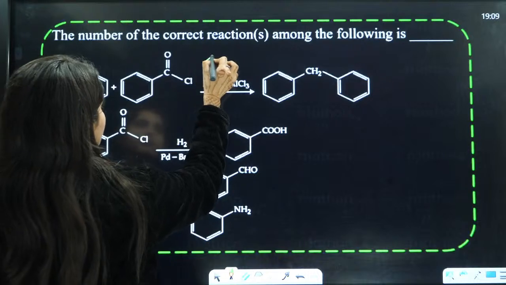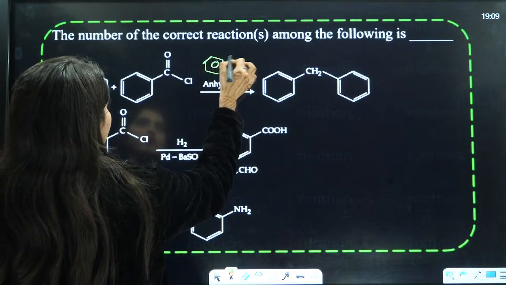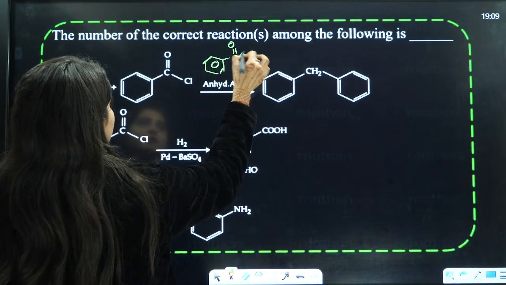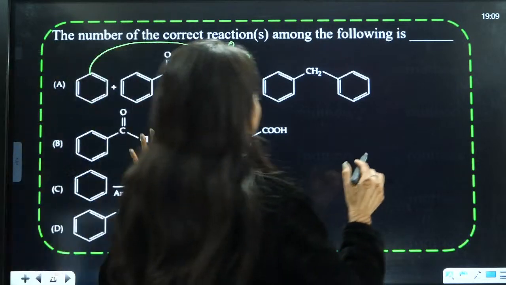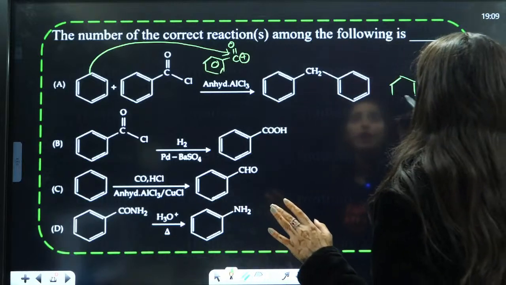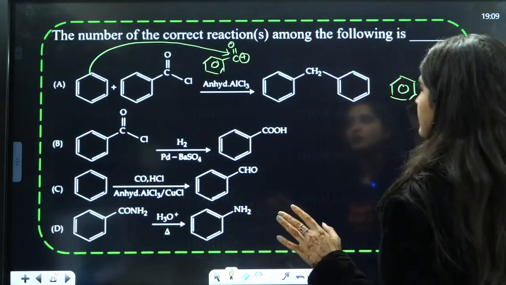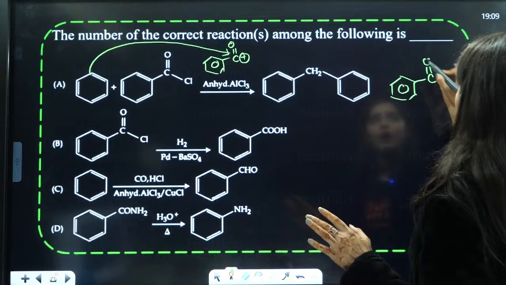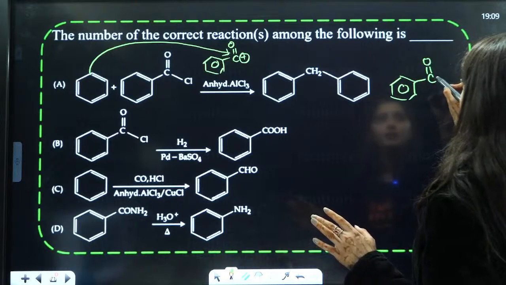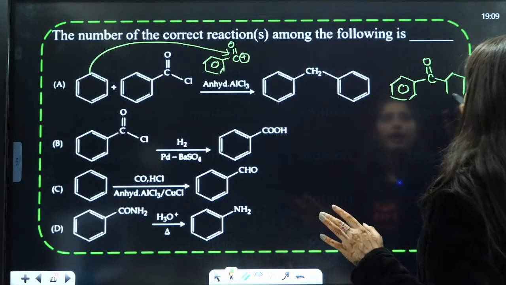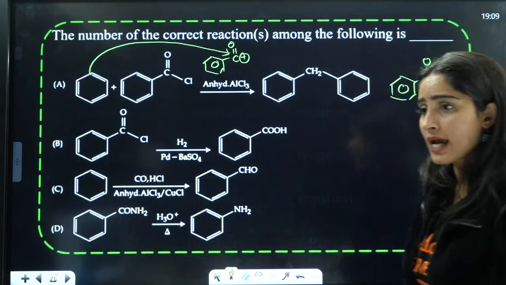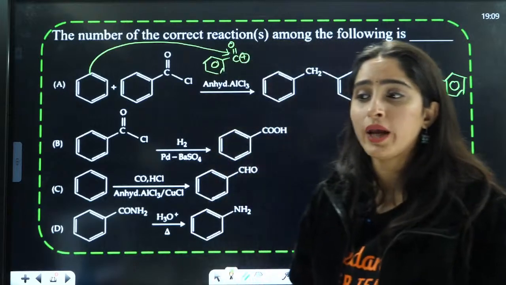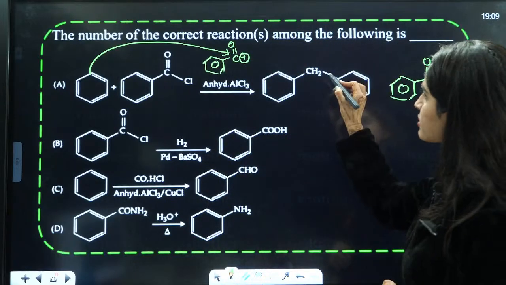This electrophile is going to attack here, so the benzene ring is going to attack. Hence, this should be the answer, right? Benzophenone should be formed here. That means this is not correct.